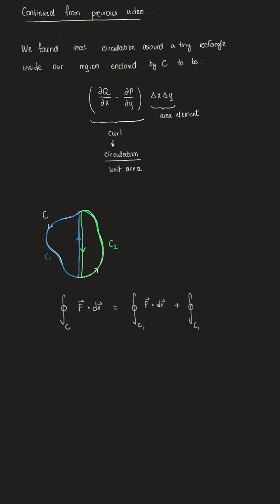And the reason that I can write this sum is because in this little middle section, we're measuring circulation along one piece going up and then the same piece going down. And so those are going to cancel each other out. One positive circulation, the other direction will be negative, or vice versa. So these will cancel out. So we can write the circulation over the entire curve as the sum of these two pieces.